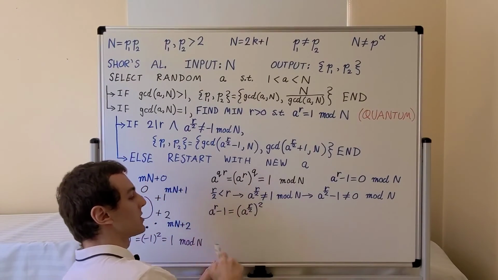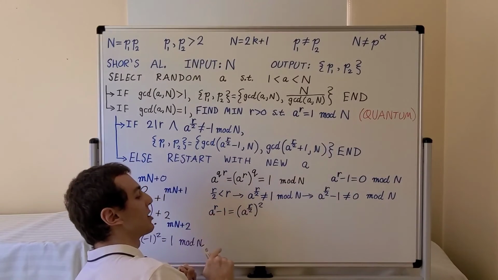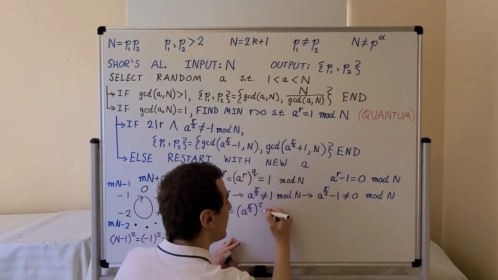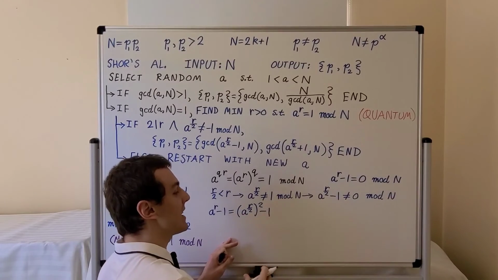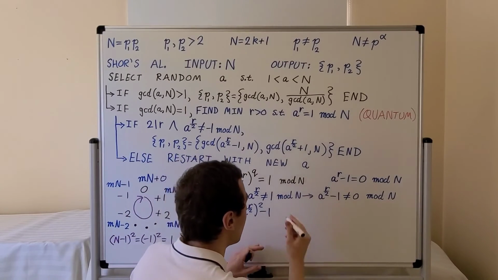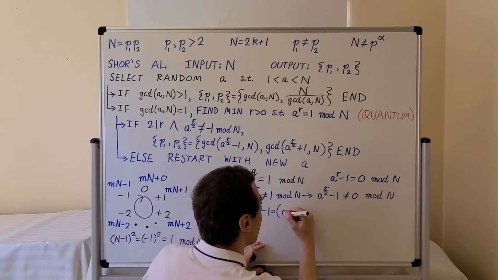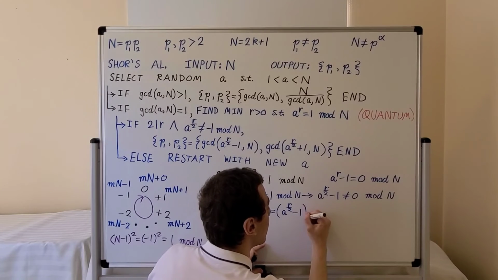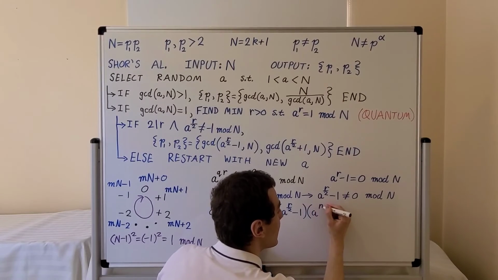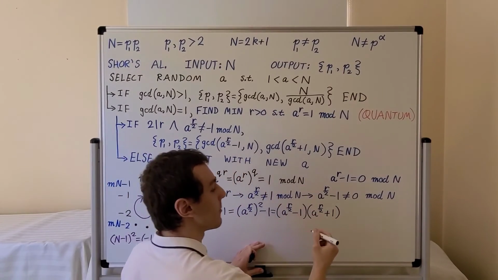So that gives us back what we started with over here. And then we have minus 1, and we can identify this as the difference of squares. We can rewrite it as a to the r/2 minus 1 times a to the r/2 plus 1. So that's what we're dealing with over here.